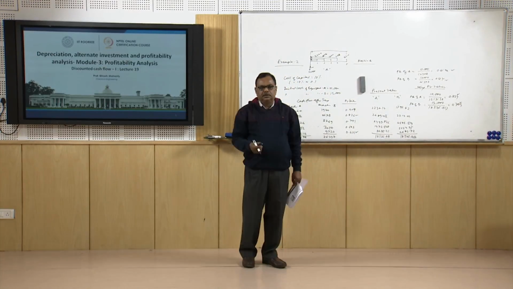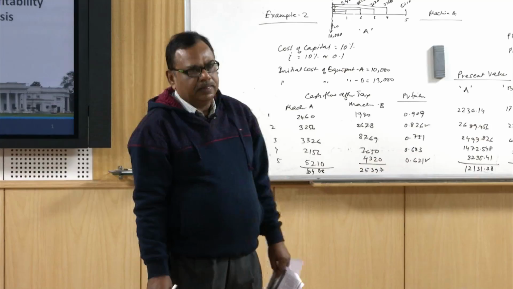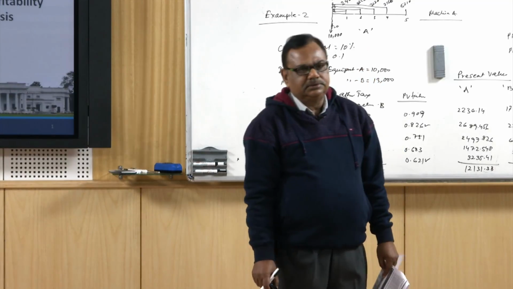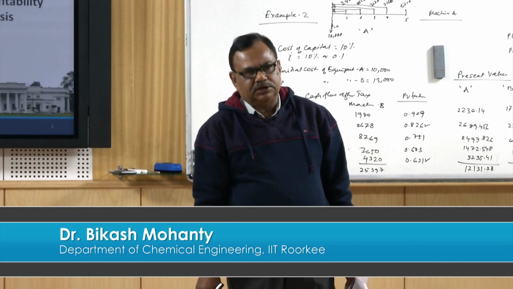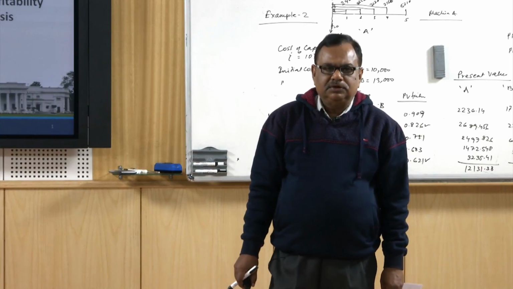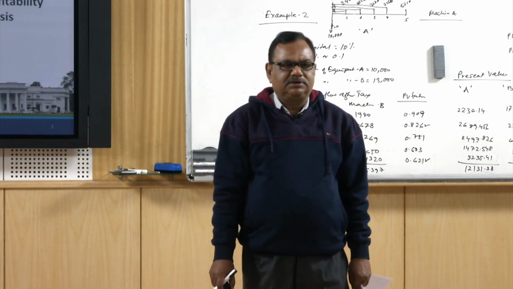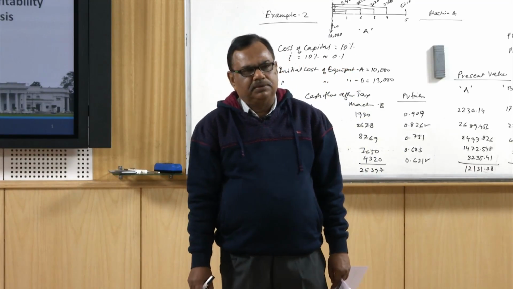Now, let us summarize. With this lecture, I have started a new method called the net present value method, which comes under discounted cash flow methods, because discounted cash flow methods are time adjusted methods, and we have solved a few problems.